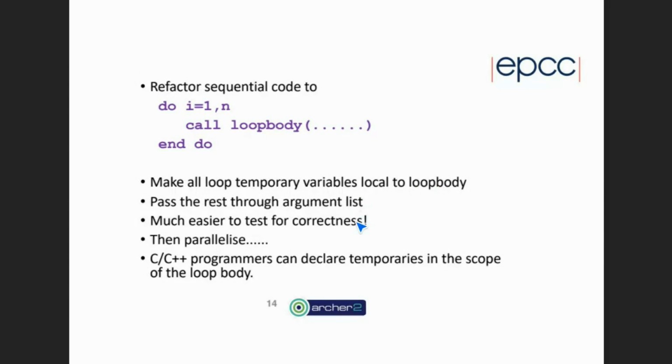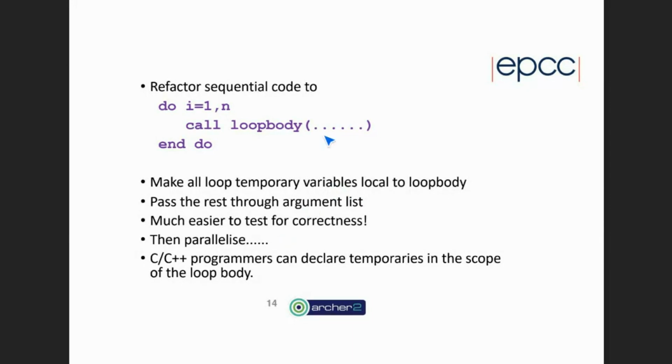So that's much easier to test for correctness. Identifying temporary variables which can be declared inside is essentially the same process as identifying private variables, but it's much easier to test because you're just doing sequential refactoring.